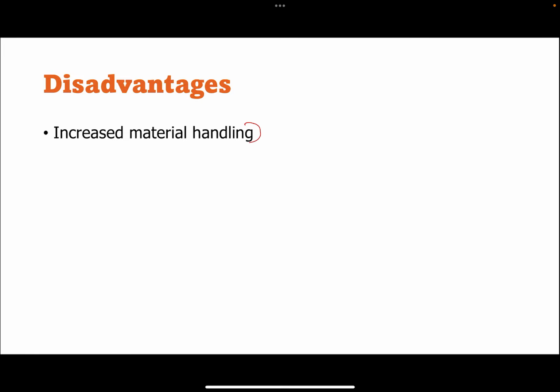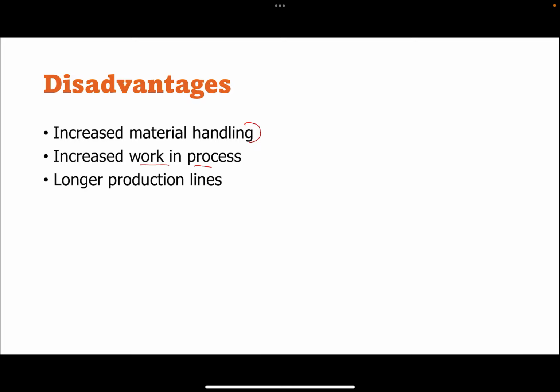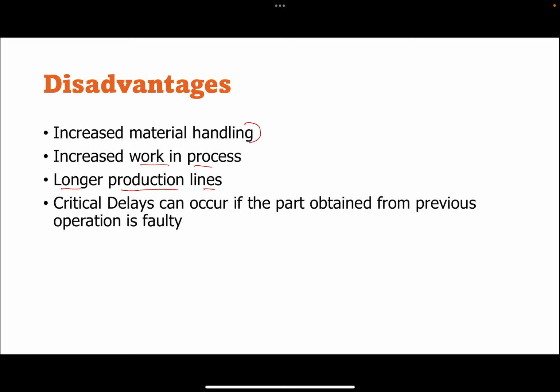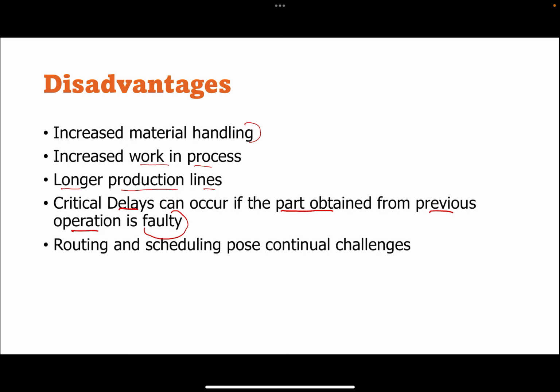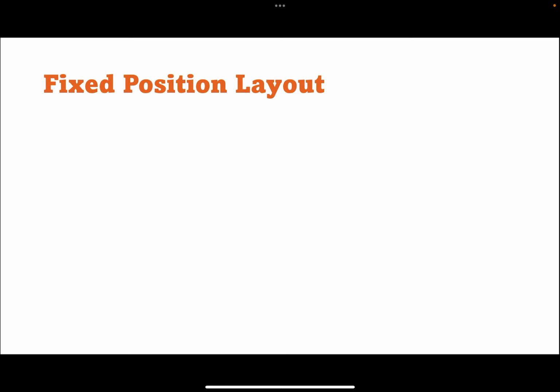That means material needs to be moved between different departments, and increased work in progress, and you have longer production lines, and critical delays can occur if the part obtained from a previous operation is faulty. So that is another disadvantage. And routing and scheduling pose continuous challenges.